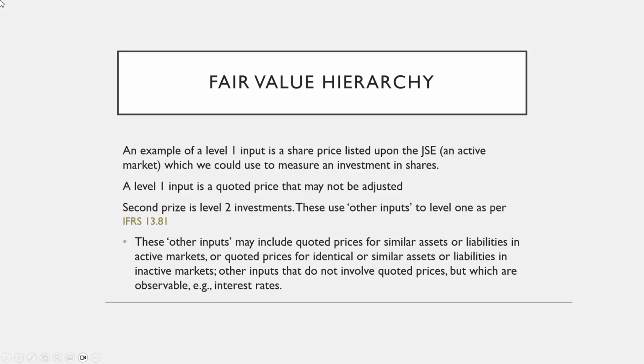But if I have a property and person X has a property in the same neighborhood that has the same soil texture, and that land in both properties is comparable in terms of its usage purposes, in terms of its size, in terms of everything, then the independent valuator would come in and tweak the assumptions that we can see from another piece of land, and that is how you determine the fair value of a level 2 instrument or a level 2 investment.